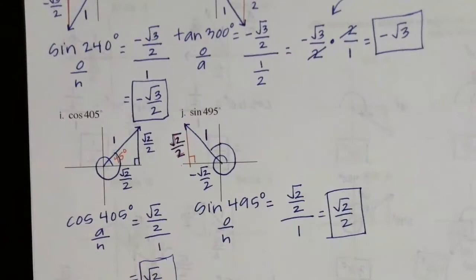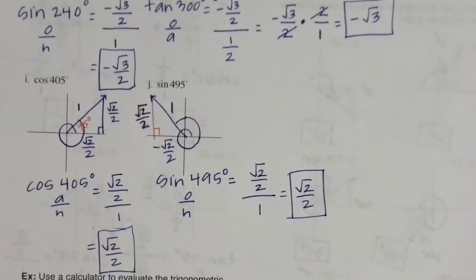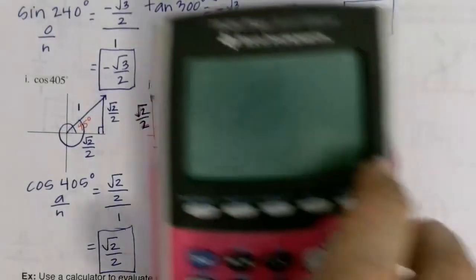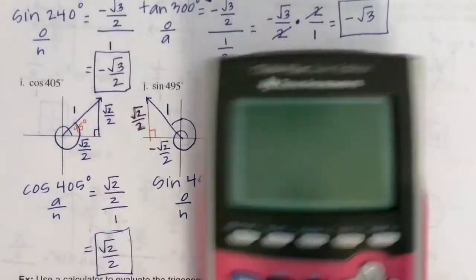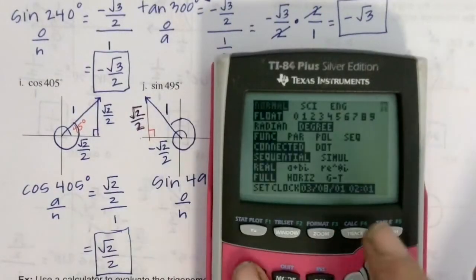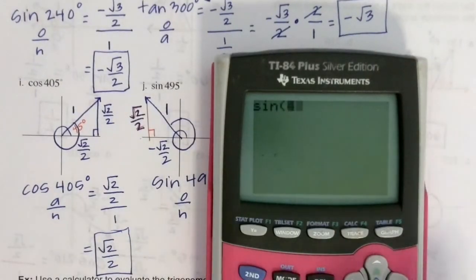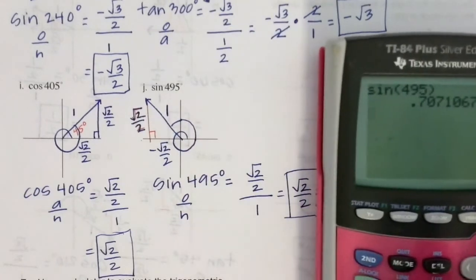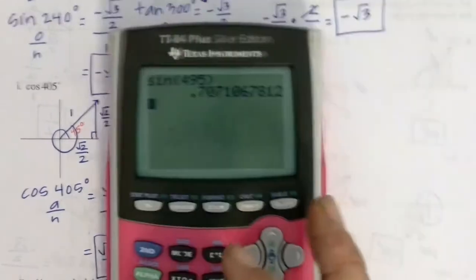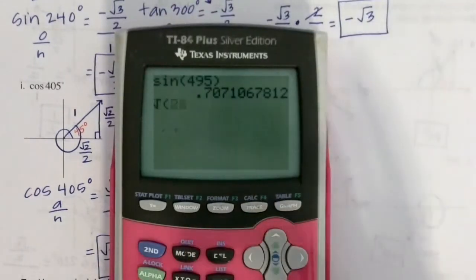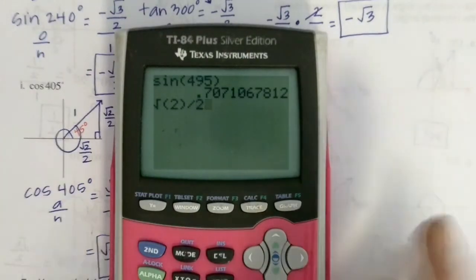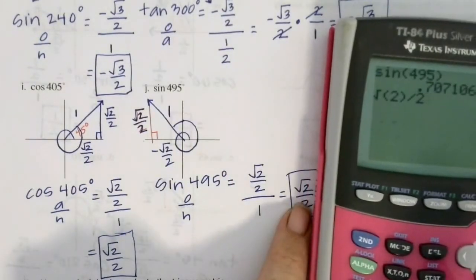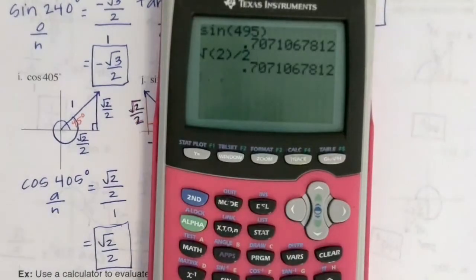Which gives you that. So I'll show you guys something real quick in your calculator before we look at the rest of the calculator problems. If I'm in mode and I'm in degrees and I go sine of 495 degrees, I get this decimal right here, and you're like, what? We got root 2 over 2. Why is it that decimal? Well, watch. If I do second square root of 2 divided by 2, so that's this root 2 over 2 right here, and hit enter, there we go.